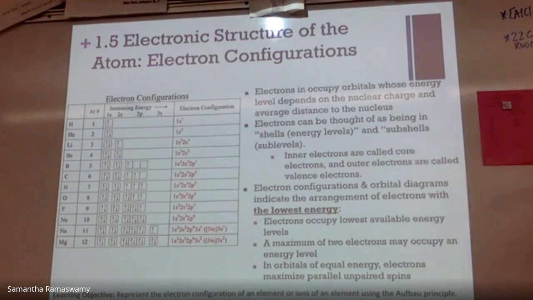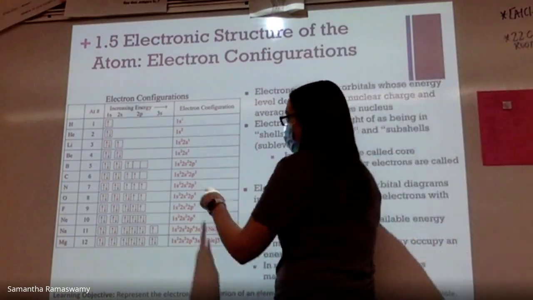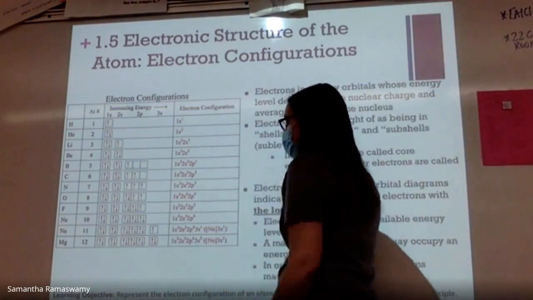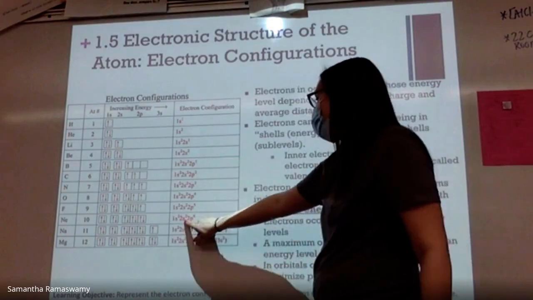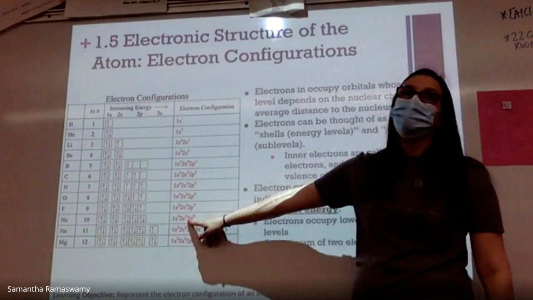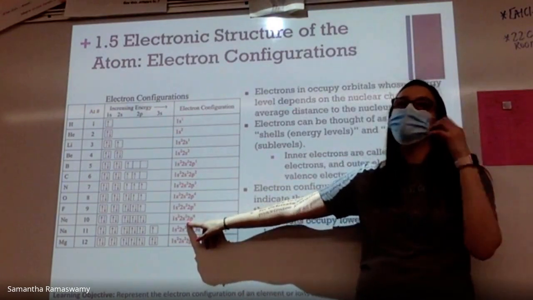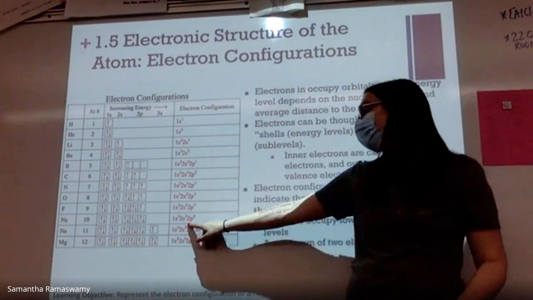Some terminology: core electrons versus valence electrons. Remember, valence electrons are your outermost electrons, so your highest value of n. For example, neon has 8 valence electrons, everything in n equals 2. That's your outermost energy level. It's not just the sublevel, it's the energy level.